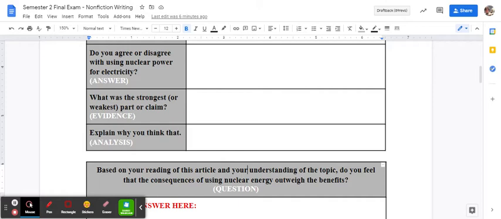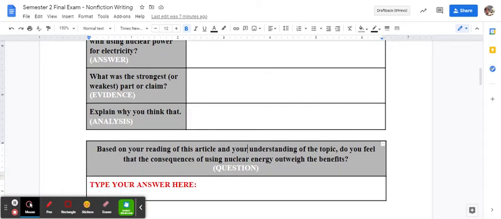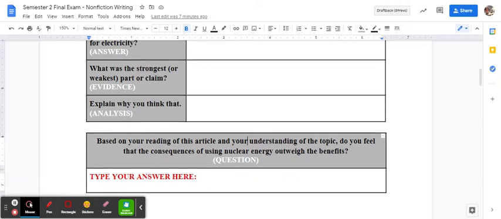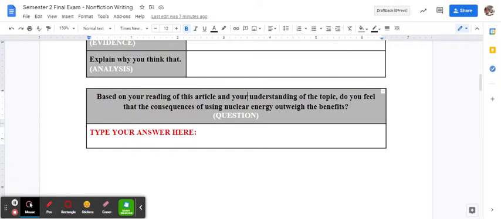Now, the one thing to be cautious of here is that, yes, you are using your understanding of the topic, but you have to use a reason from the text, okay? You can't use an example that you've generated or you think about or whatever. It has to come from this text. And then an explanation, why do you think that was the best piece of information to use, right? So I really think that this is good because whatever, right? And you explain that.